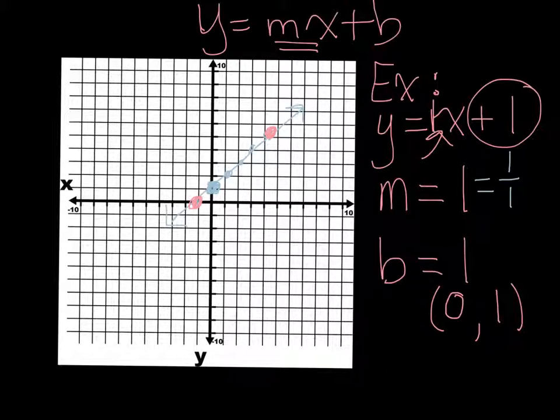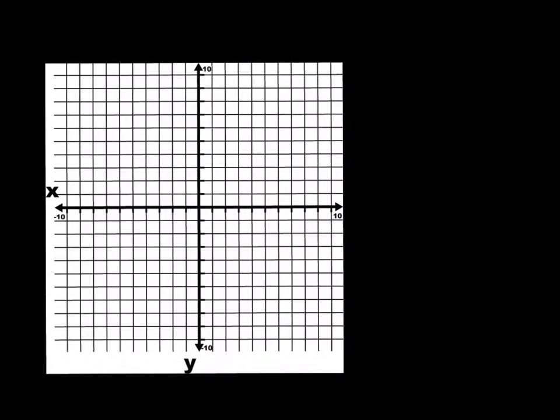If I look at my rise over my run ratio, so I would have to rise 1, 2, 3, 4, 5, and I would run 1, 2, 3, 4, 5. So my rise over run would still give me 1. So no matter where I choose 2 points on that line, my slope will always be the same.